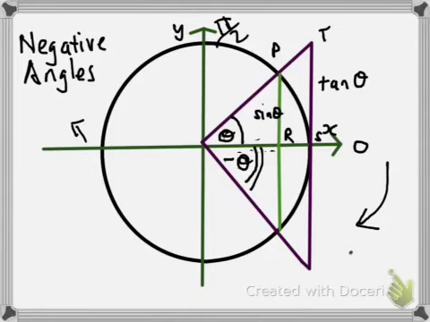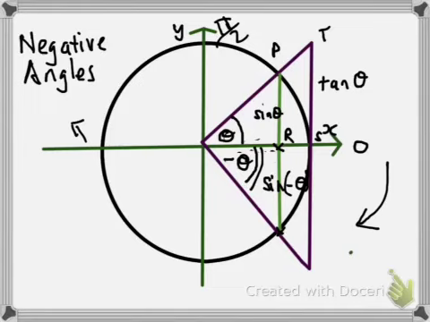Whereas sine theta has a positive value, our value of sine of negative theta, from that point there, down to there, is a negative value.